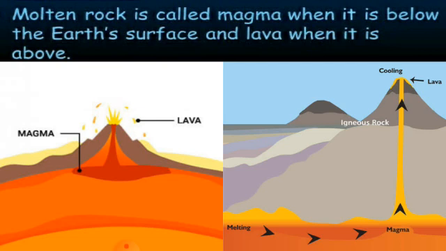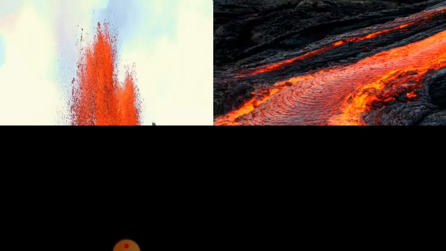When the magma flows on the earth's surface, it is named lava. The cooled and hardened lava becomes igneous rocks. The lavas of different volcanoes, when cooled and hardened, differ much in their appearance and composition.